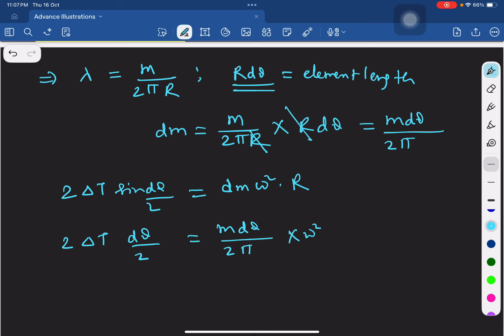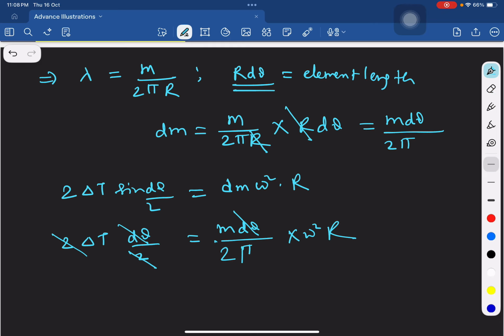So d theta cancels. Let it be this 2 here. One minute, let me remove this and put the 2 here only.